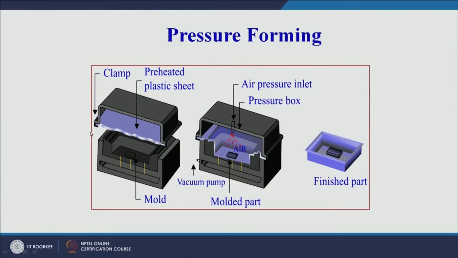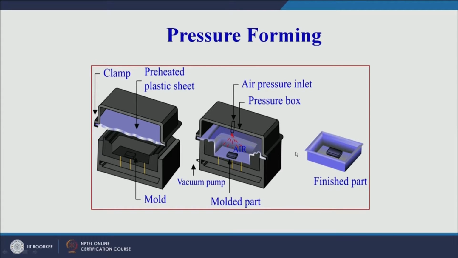Here you can see the two-part mold, then a clamping unit which will clamp the two parts of the mold together, and then the air pressure inlet through which we will supply the pressurized air to apply pressure on this sheet so that the sheet conforms to the shape of the mold. You can see this is the molded part here. The sectioned view is shown. Here we see how the final product would look.